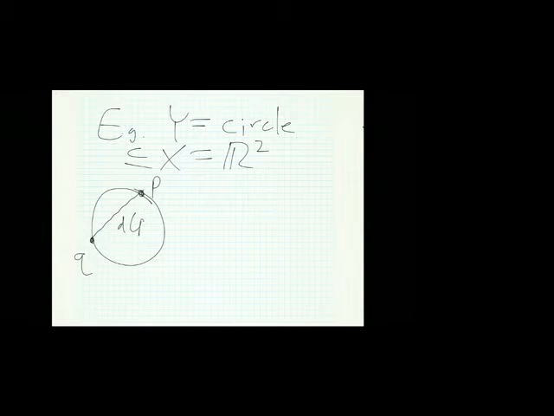So the distance from P to Q is just what we think of as the length of the line segment. But the fact of the matter is it is a metric space. So a circle with this metric, using the metric in R2, the norm of P minus Q, sure, it's a metric space.